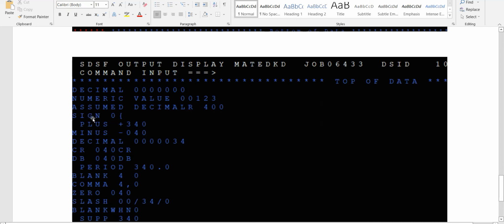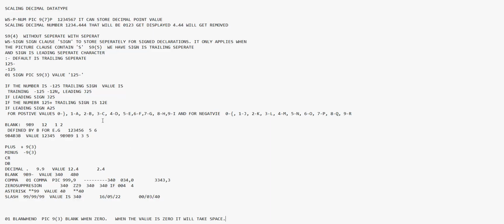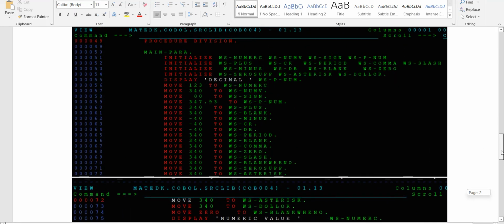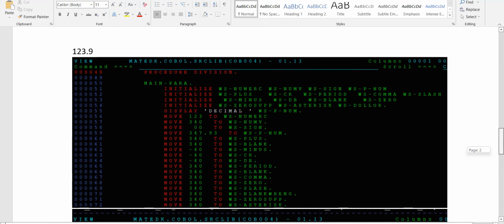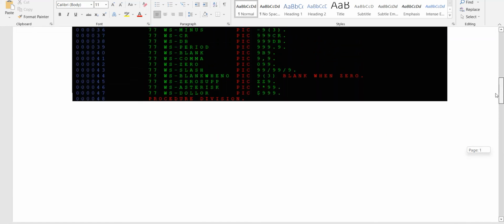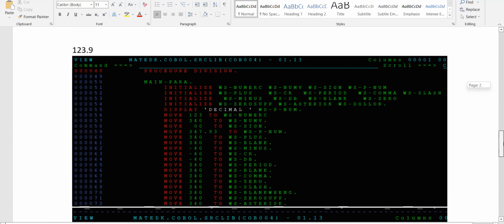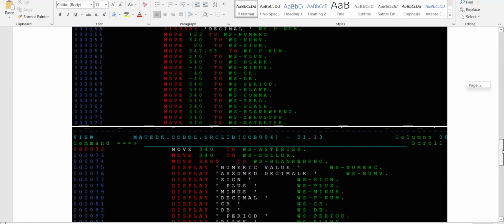And sign, we have stored 00, but it is positive, it will start, opening curly brace it took here. Okay, sorry, one second, curly brace is for negative, right? Opening sign, I told you sign is stored as a negative value, right? Where is the sign? See here, sign S9 of 2, and I'm moving the value 0 0. Where am I moving?